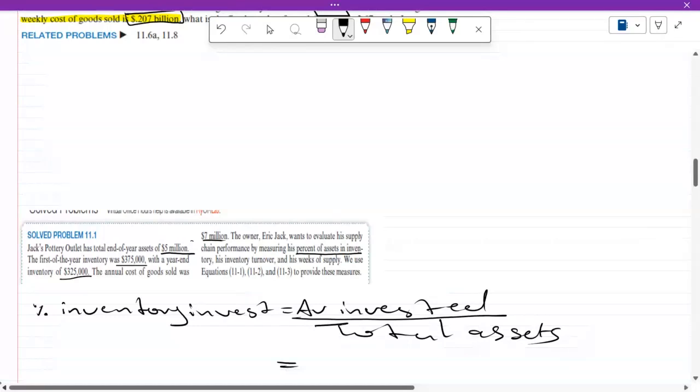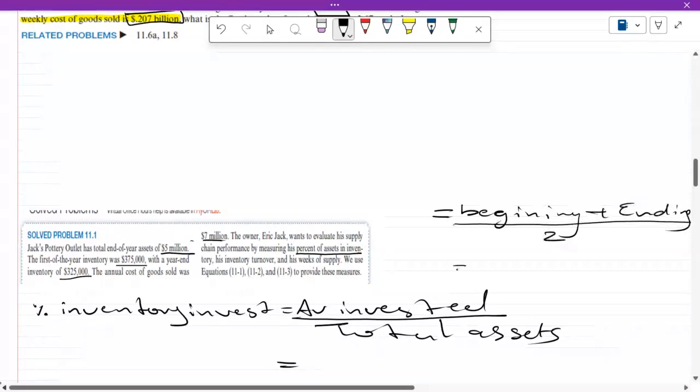I just don't remember the formula, but I know it is beginning plus ending divided by 2, which is equal to 375K plus 325K over 2.